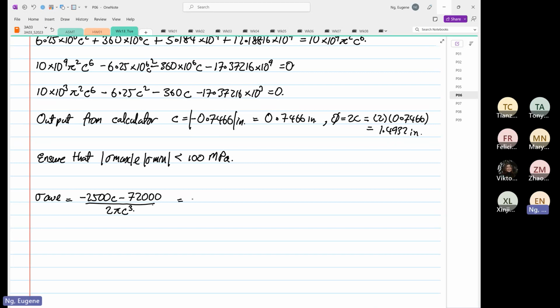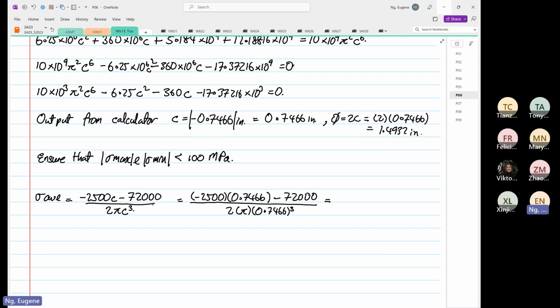So this is equal to minus 2500 multiplied by 0.7466 minus 72,123, and then we're going to divide by 2 multiplied by pi multiplied by 0.7466 cubed.